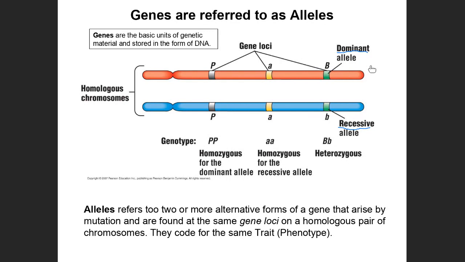And then they were able to determine, let's say I have two forms of a gene that code for the same trait. But since it's two forms, what I'm finding out is it comes in two phenotypes.